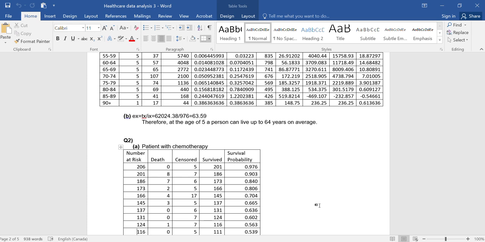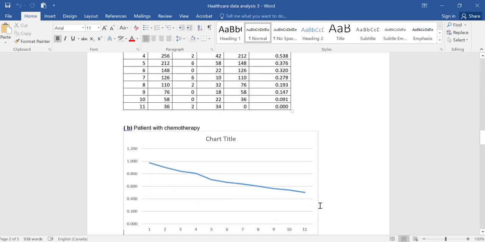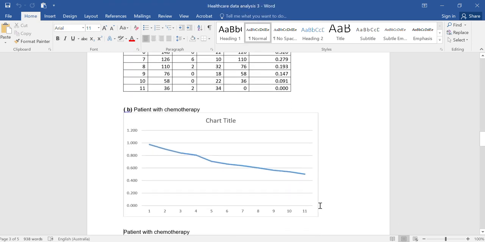Correct use of statistical tests, one of the most important parts of my assessment. I correctly stated the hypotheses. Null hypothesis: there is no difference in survival probability between the two groups.